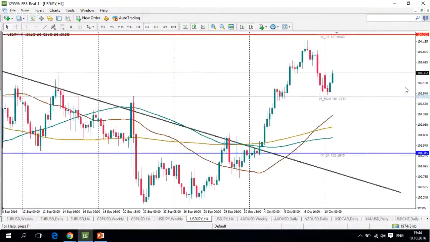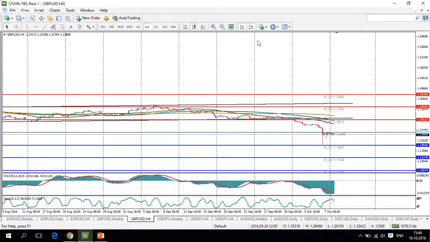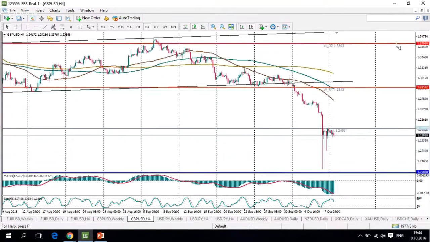Here we can see that the pound is consolidating just below 1.2465. The consolidation on the downside has some triangle-like fashion.